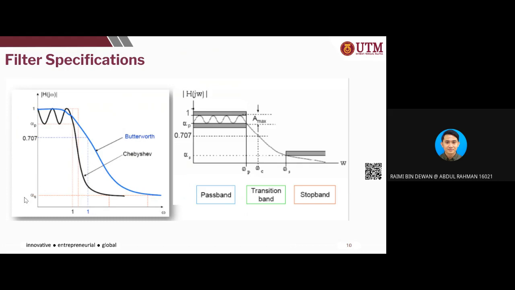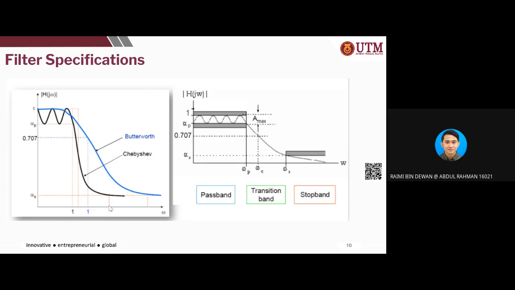And here you can see there is alpha S. Alpha S is the stop band gain. Okay, if you can see, Chebyshev settles down much faster at an earlier frequency. For example, let's say this is omega 2 and this is omega 3.